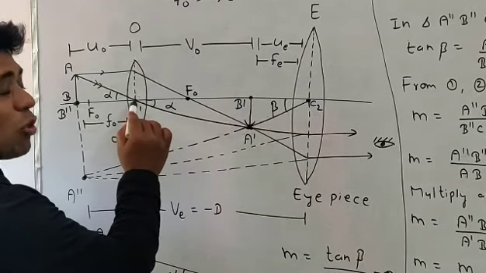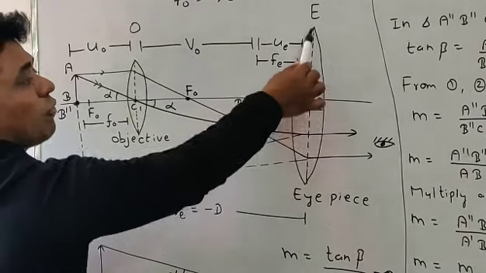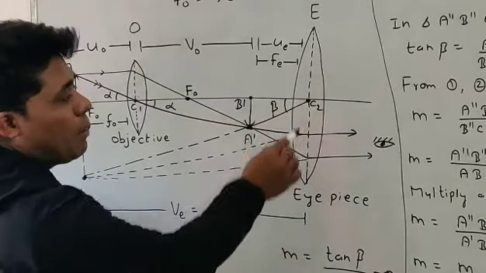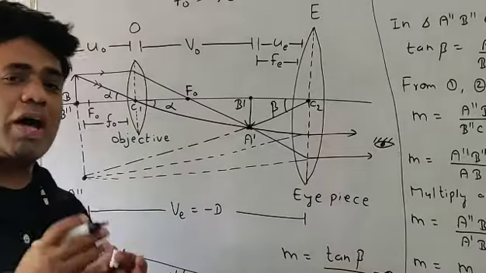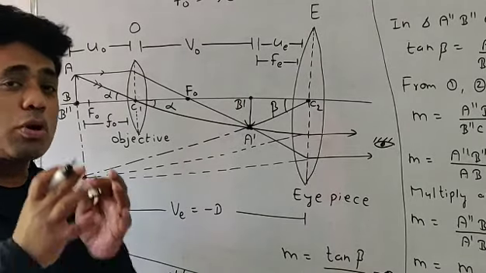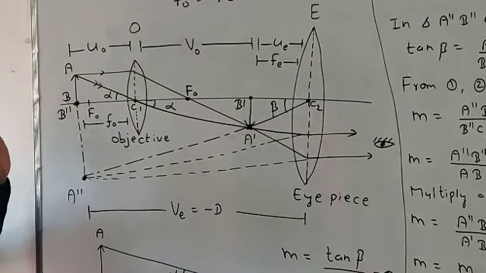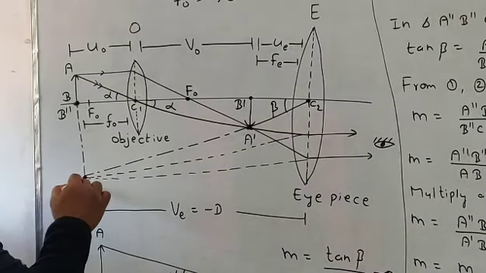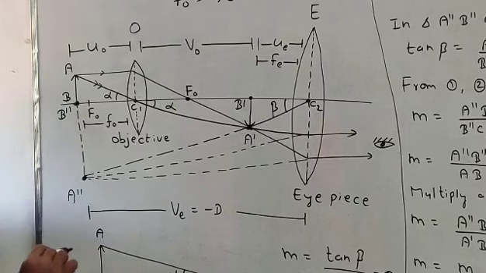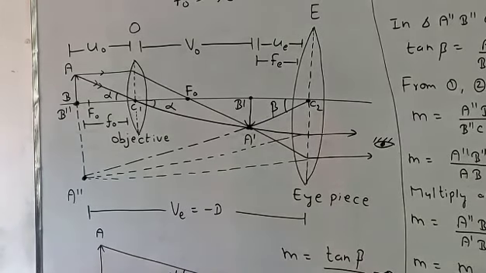A dash B dash is the image for the objective. It is placed in front of the eyepiece lens, so for the eyepiece lens, it is viewed like an object. The eyepiece lens will form its final enlarged virtual magnified image A double dash B double dash. Actually, A double dash B double dash is inverted with respect to the original object.